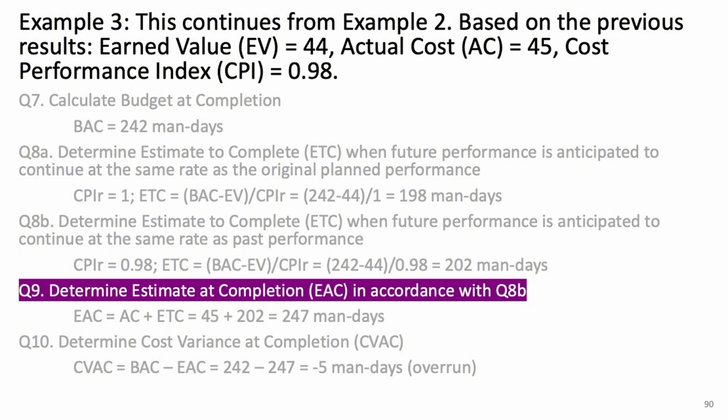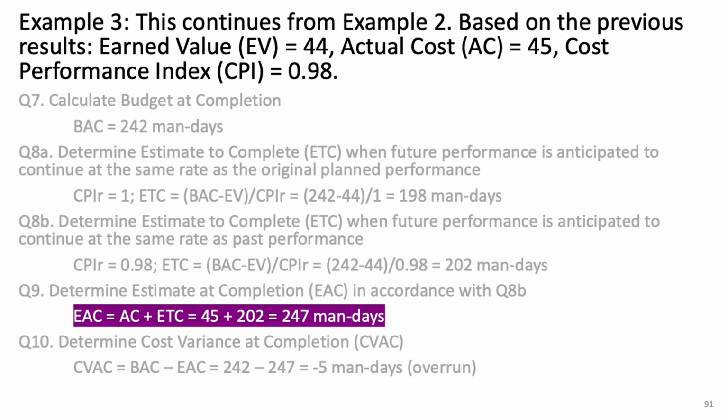This tells us how much the total project is going to cost by the time it's finished. We calculate it by adding the actual cost, AC, to the estimate to complete, ETC. For the second scenario, where future performance is at the same rate as past performance, we add 45 man-days, the actual cost, to 202 man-days, the ETC, which gives us a total of 247 man-days for the estimate at completion.